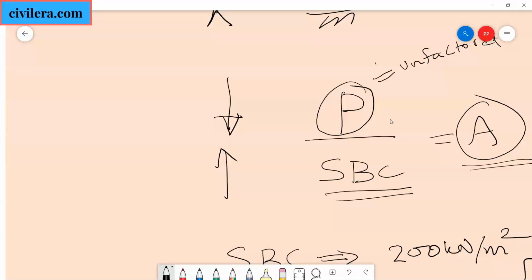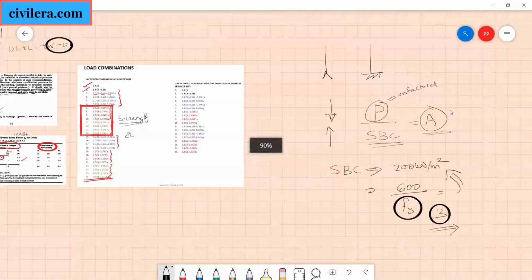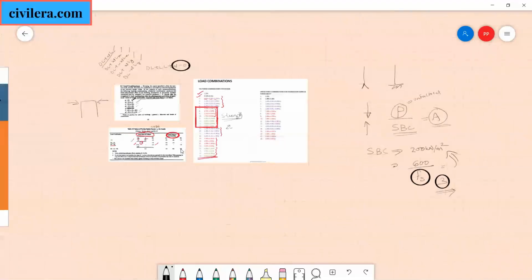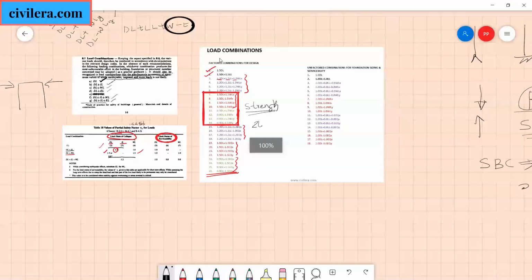You are required to take factored loads. Only during sizing you can take unfactored load. Yep. So coming back to our point, I hope you're clear with two things.